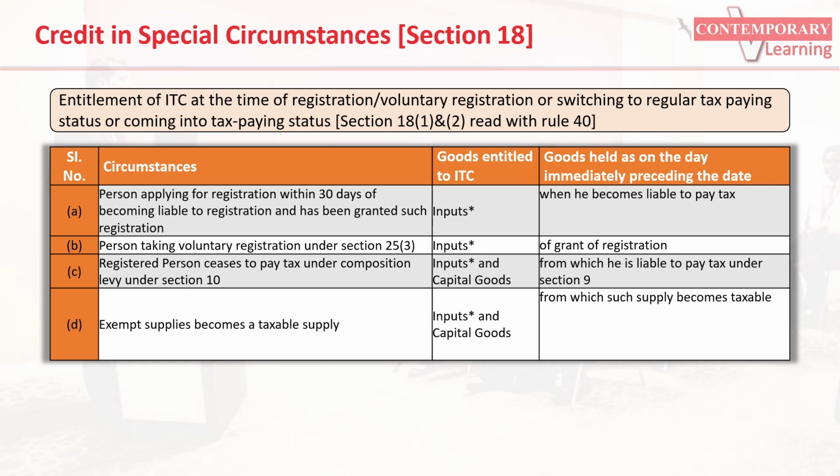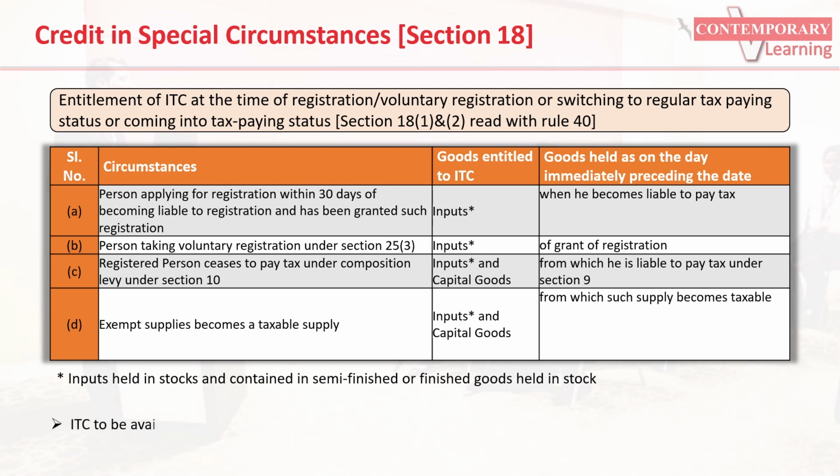Fourth, when your exempt supplies become taxable, you can claim ITC on inputs and capital goods from the day such supplies become taxable. Remember, inputs here includes inputs held in stock and those contained in semi-finished or finished goods. Also, you must avail this ITC within 1 year from the date of the supplier's tax invoice.